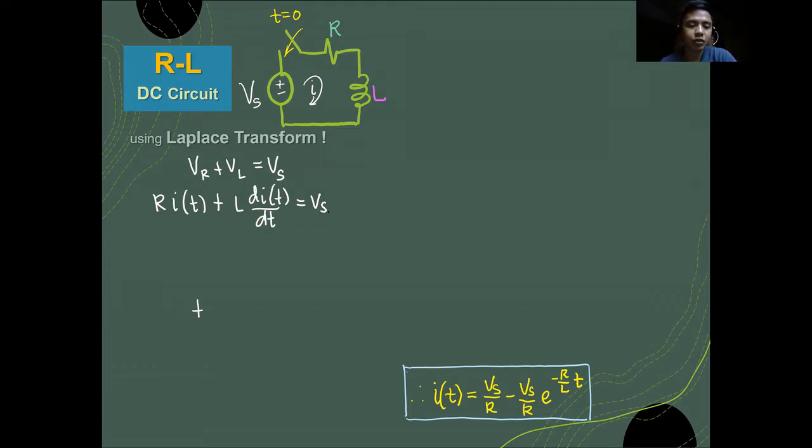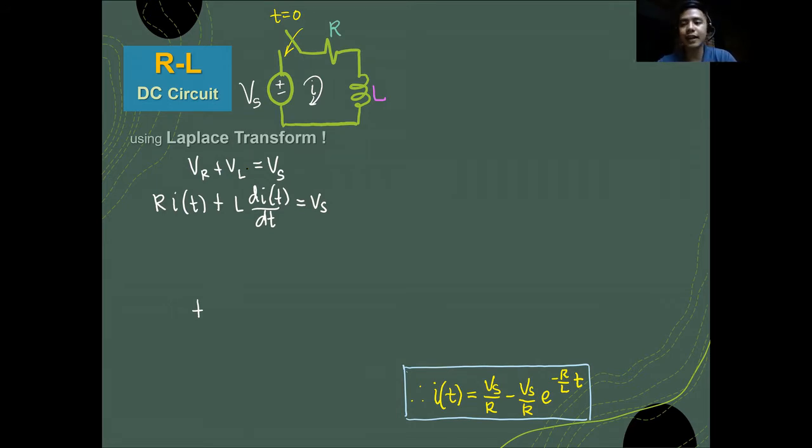For the voltage across the resistor, you have R times I, Ohm's law. And VL is equal to L di/dt, the voltage across the inductor, or the induced voltage, which you will learn in the electromagnetic class.